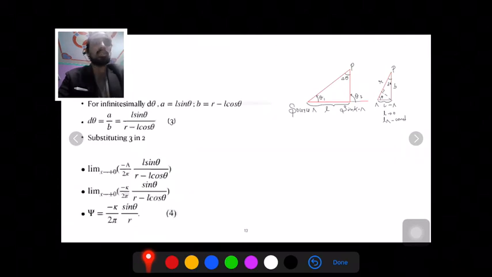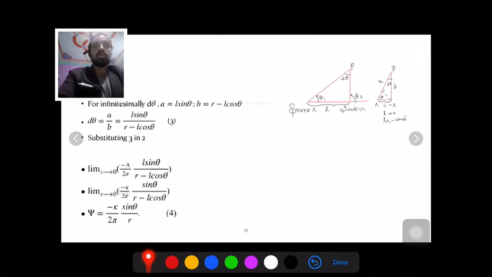Similarly B is equal to, this thing here is A. So A is equal to L sine theta and B is equal to R minus this distance, R minus L cos theta. So d theta is basically A by B, so that is your L sine theta by R minus L cos theta.